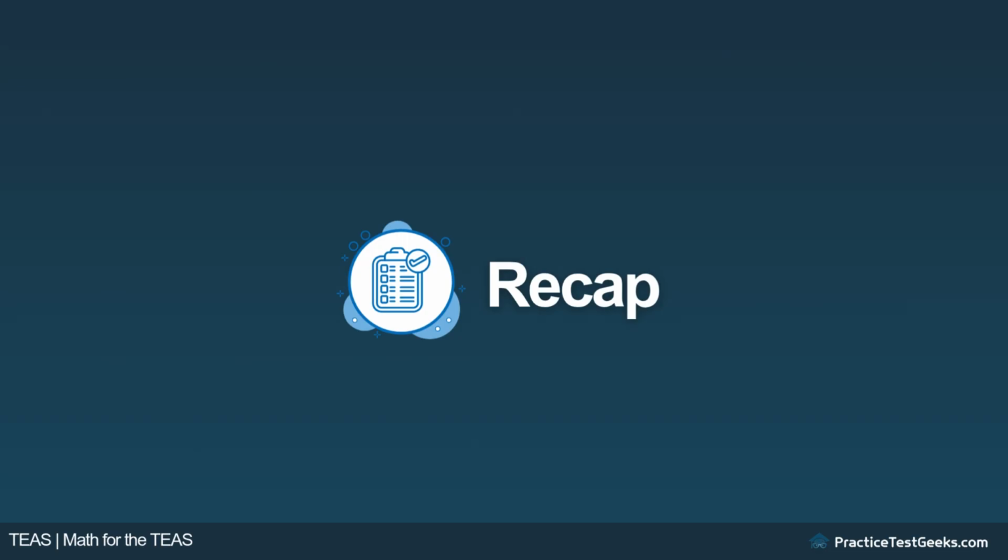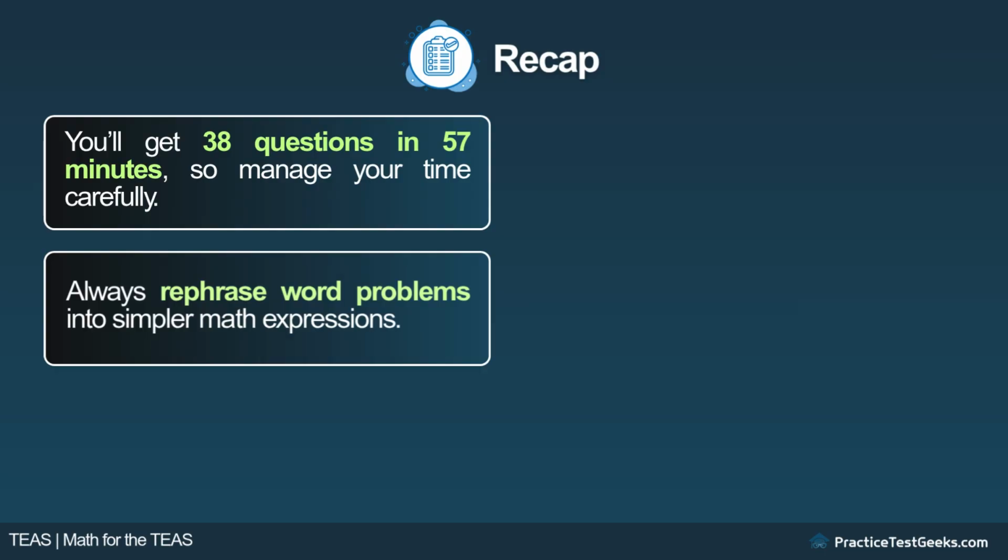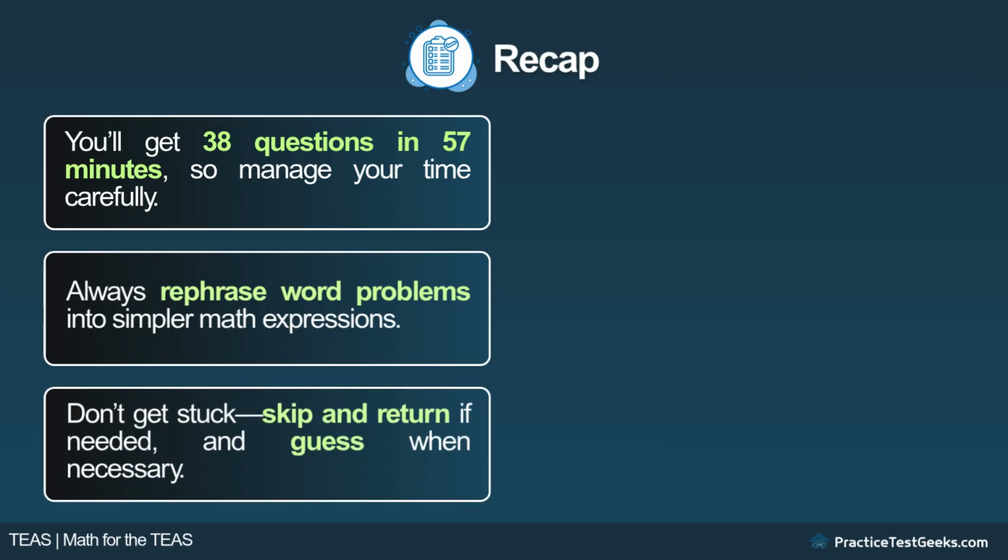Let's quickly review the most important math strategies you'll need for the TEAS. You'll face 38 questions in just 57 minutes, so time management is key. Keep moving and don't get stuck. Whenever possible, rephrase word problems into simple math expressions. That helps clear the confusion. If a problem takes too long, skip it and come back. And remember, guessing is better than leaving it blank.